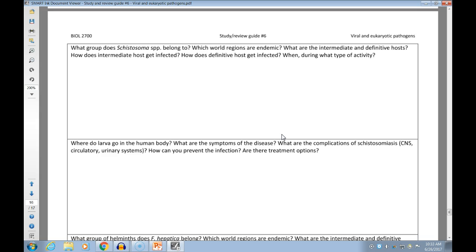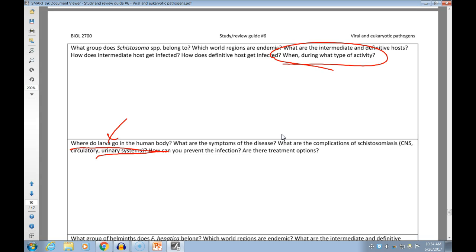It crawls through the hair follicles. It's not larvae, it's technically cercaria. In the human body, schistosoma goes into the blood. And from blood it can get to various tissues, including specifically the urinary system. Okay?